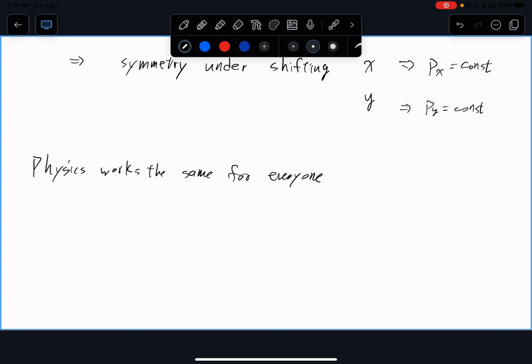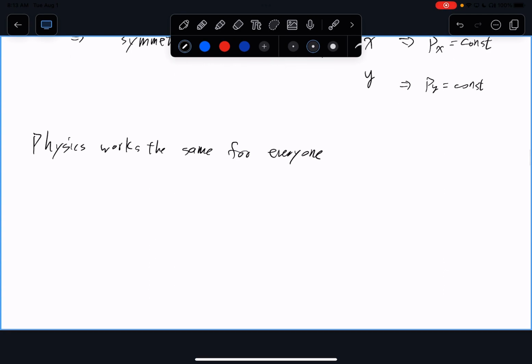No matter which direction you face, the physics law you see should be the same. You never need to do your physics exam facing a particular direction, otherwise you'll get a wrong answer. So you know physics works the same in every direction. And that corresponds to that physics law should work the same for everyone. So it is telling us that physics law should be symmetric under rotation.